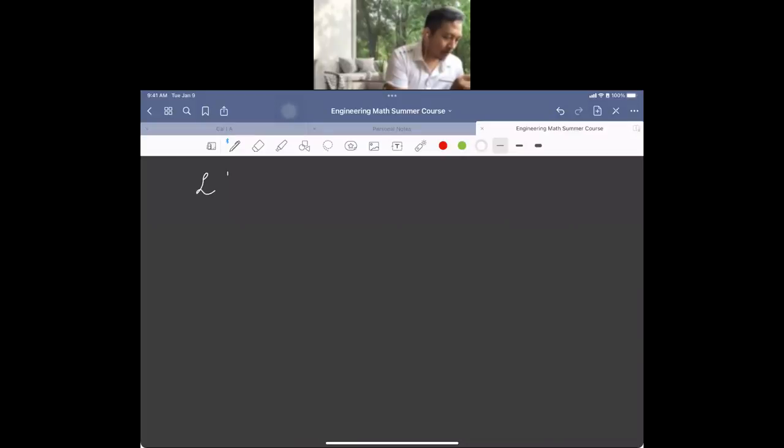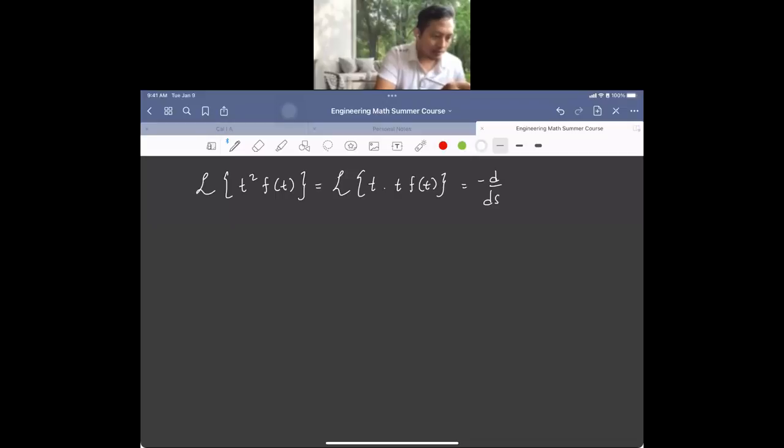Now, if we take the Laplace, let's say we have t squared f of t. This Laplace becomes t multiplied with t f of t, right? And we can say that this is negative d/ds of the Laplace of t f of t, right?